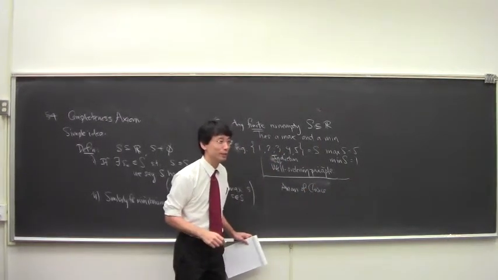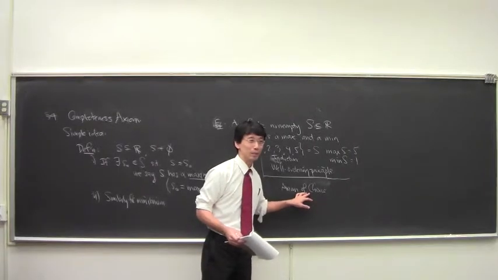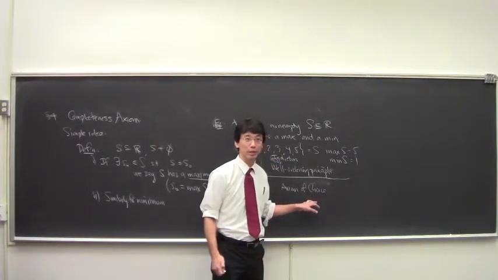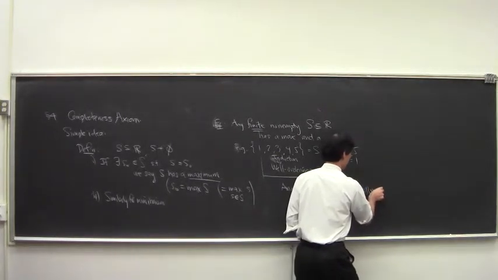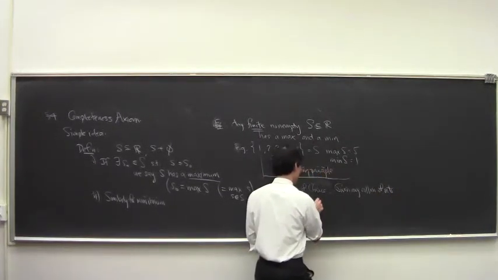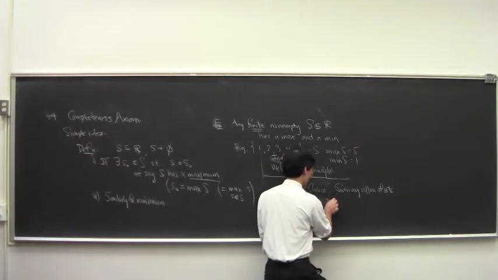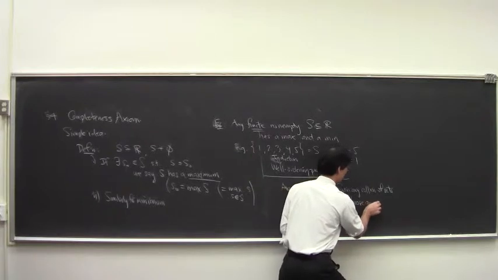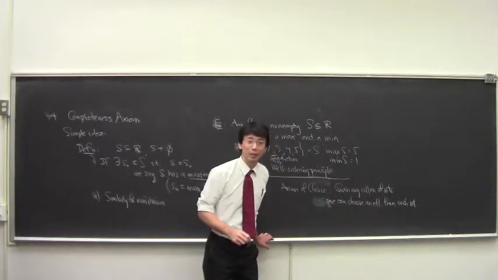It's the following statement: given any collection of sets, roughly speaking, one can choose an element from each set.